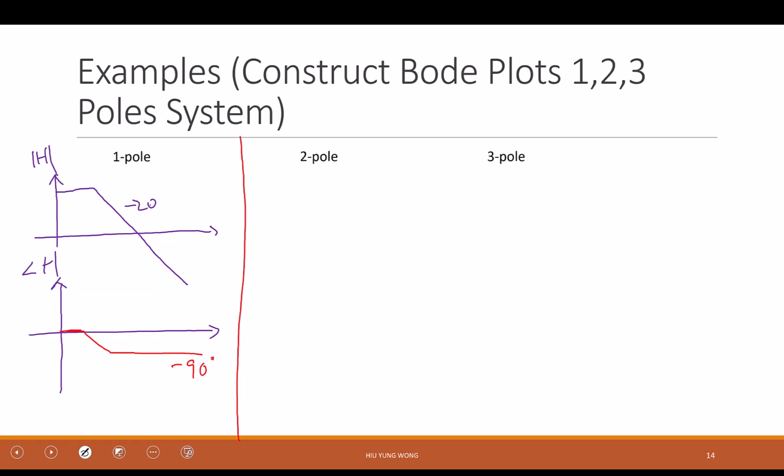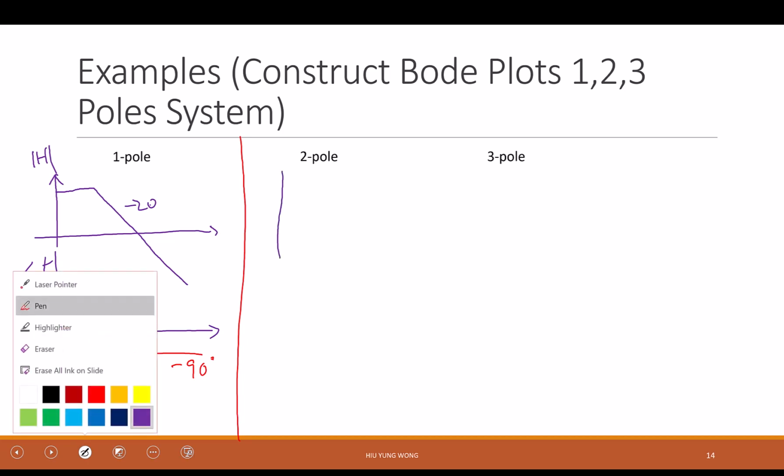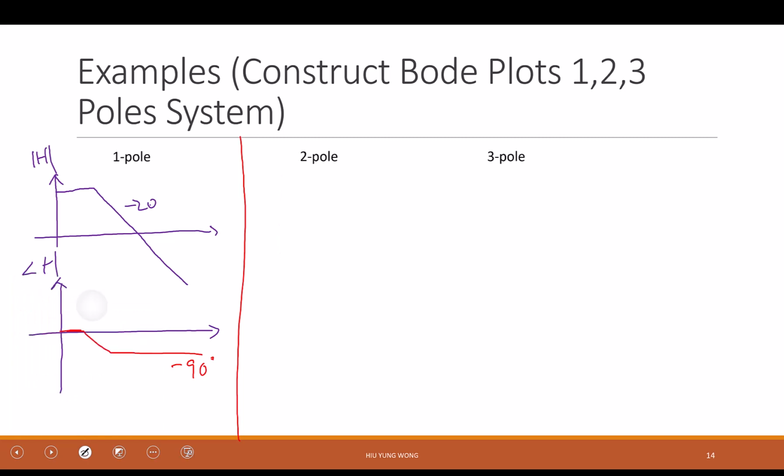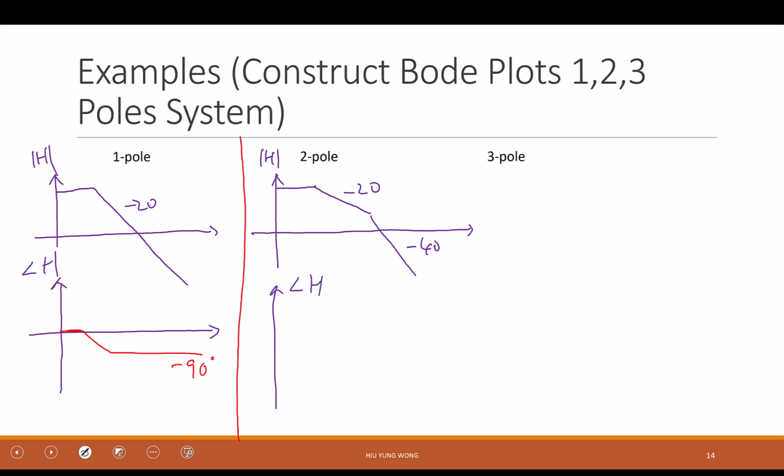Now, what if you have two poles? Again, you will hit the first pole, negative 20, hit the second pole, negative 40. Right? What happened to the angle?